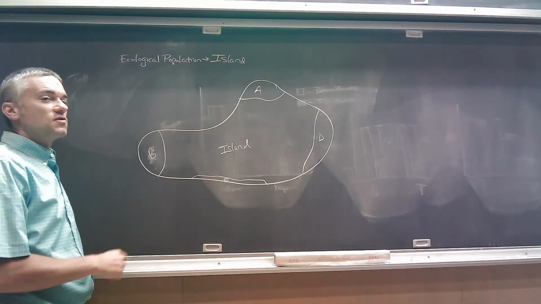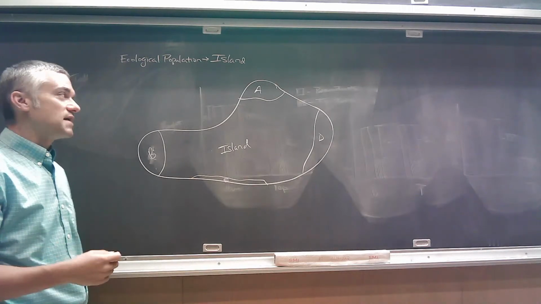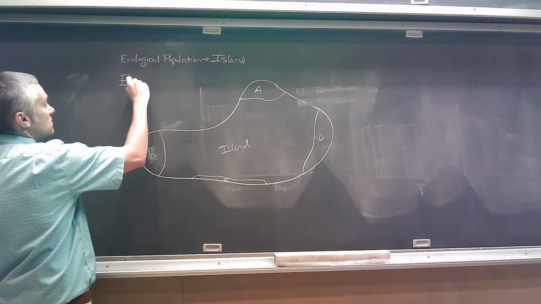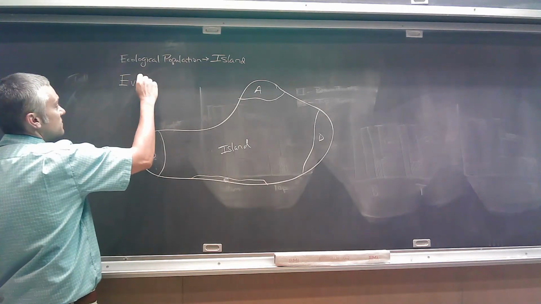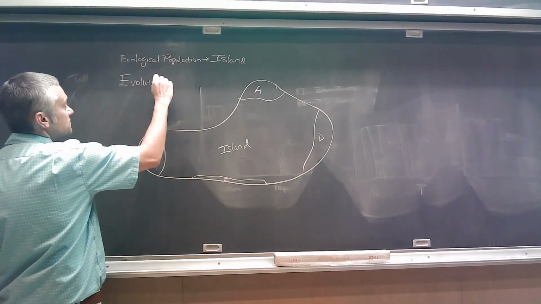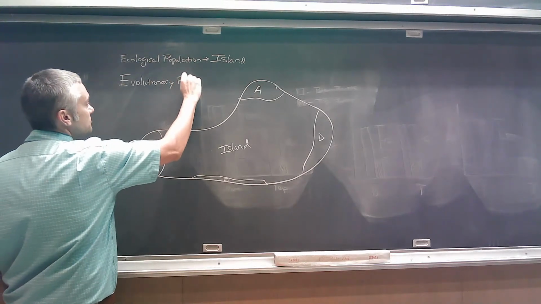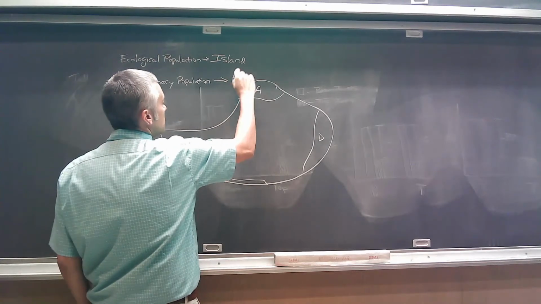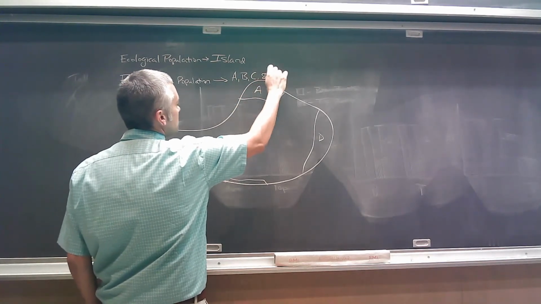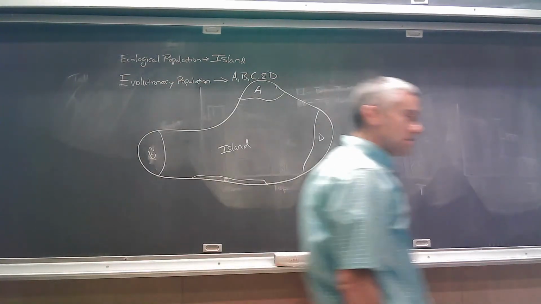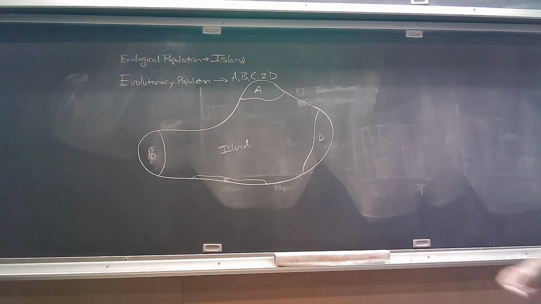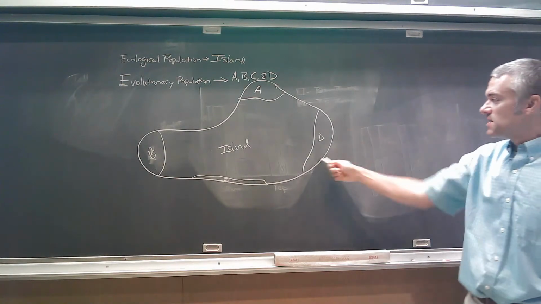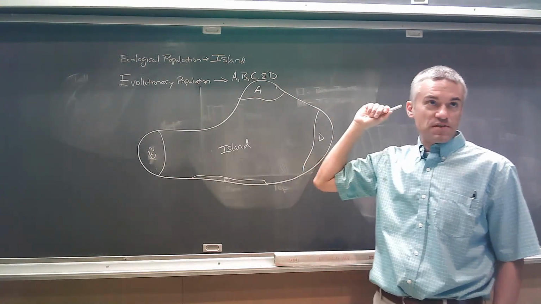But then when we go in and start doing genetic sequences and looking at similarities, we start seeing that we have 4 different groups on this island. So it's enough that we can classify these A, B, C, and D groups as evolutionary populations, or demes, because these are the individuals that are randomly mating with each other.